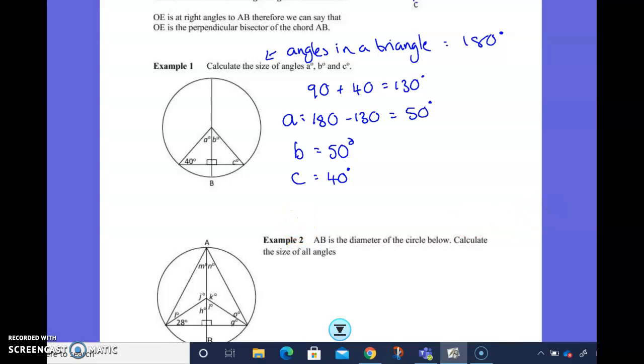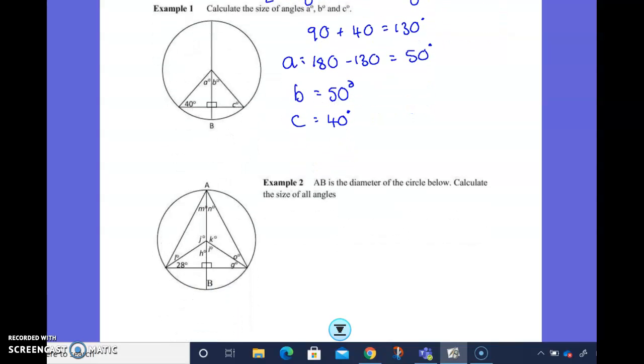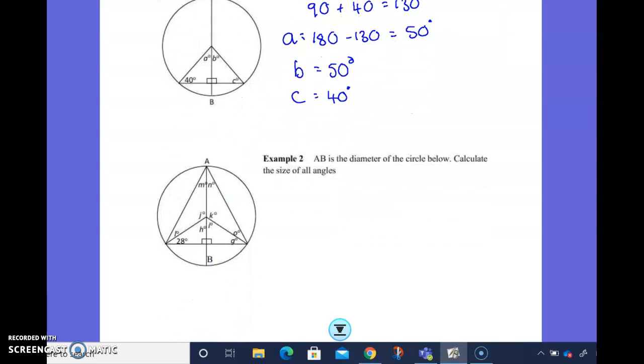Okay. Second example, calculate the size of all the angles. Okay, so we've got G, H, I, J, K, L, M, N and O. Right, looking at the first one then.